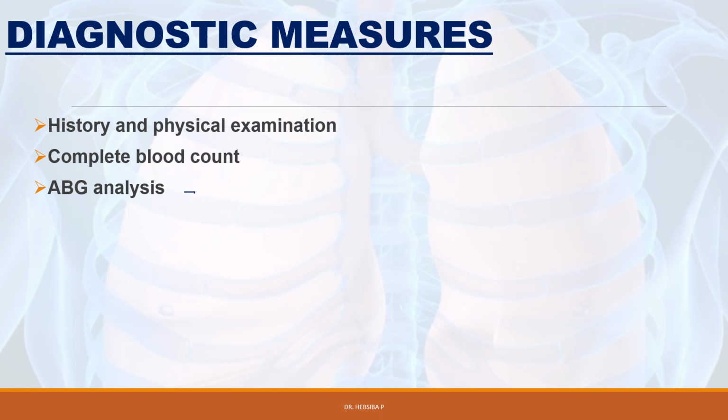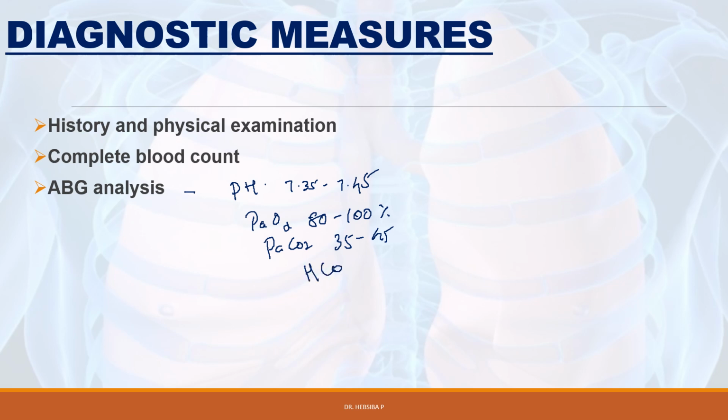In the ABG analysis, the normal pH is 7.35 to 7.45, partial oxygen level is 80 to 100 percent, partial carbon dioxide level is supposed to be 35 to 45, and bicarbonate, that is HCO3, is 22 to 26. These are the normal parameters.